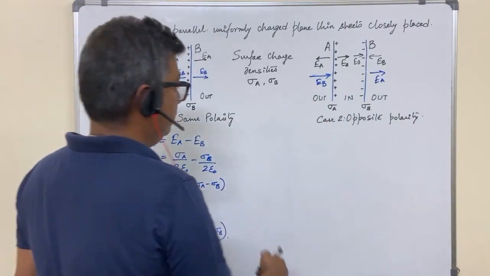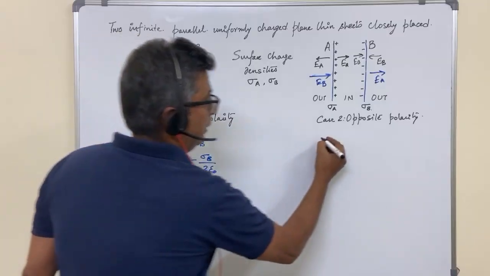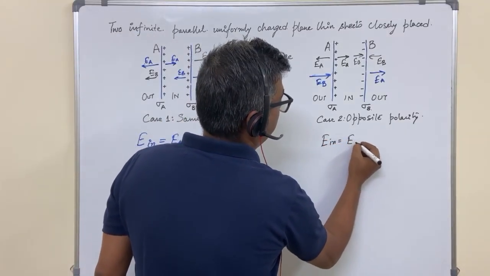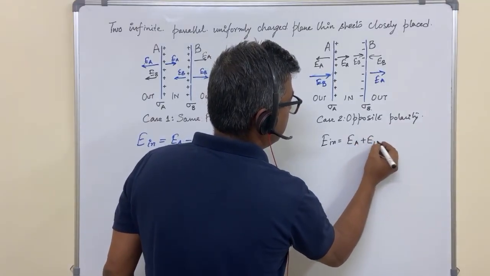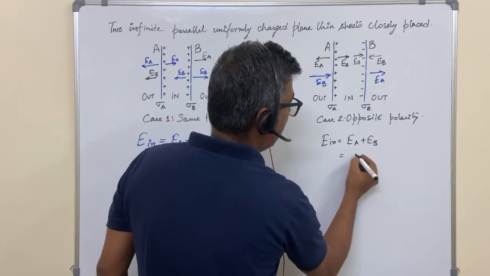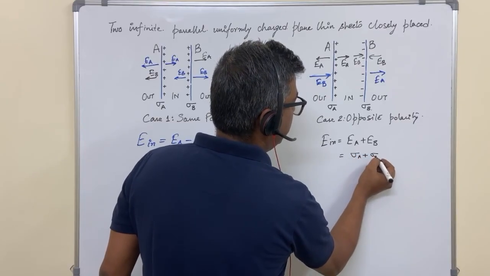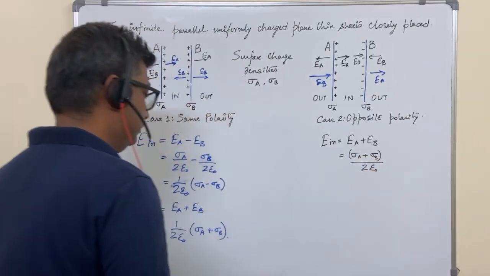When we sum up the electric field for inside and outside, E in is equal to EA plus EB, which is sigma A plus sigma B by 2 epsilon naught.